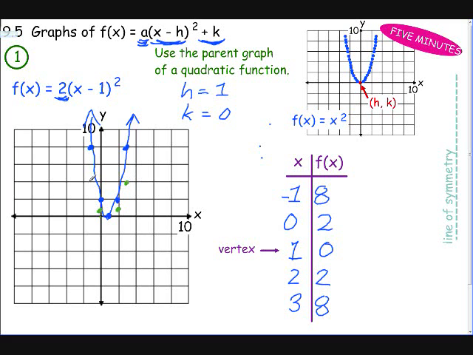Over 2, up 4. I'm just comparing the shape of this one to the shape of what the parent would have been. Over 1, 2, 3 would have been up to 9. So I'm putting it in the same place, and then this would be right here. But you can see that this parent would have been a little wider.